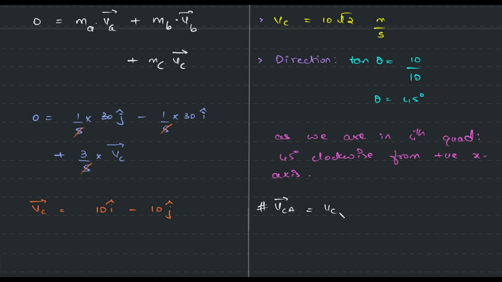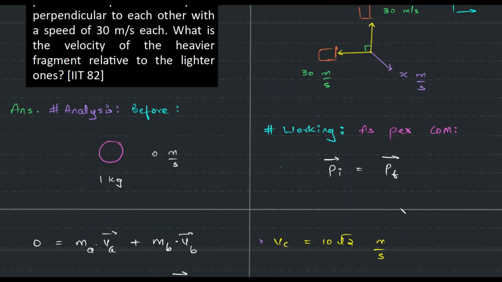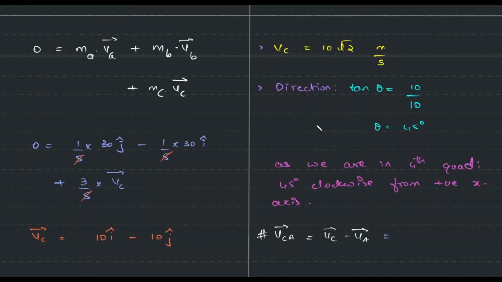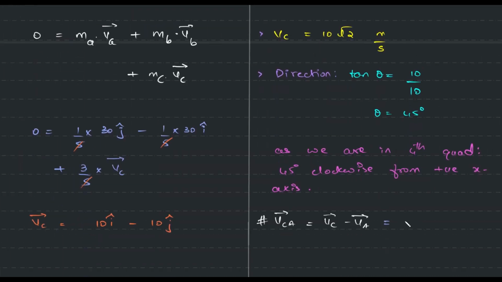This will be velocity of C minus velocity of A. I'll do the math directly. C is 10 i cap minus 10 j cap and A is to the left, 30 meter per second. Minus of minus will be plus 30 i cap. So this will be 40 i cap minus 10 j cap.